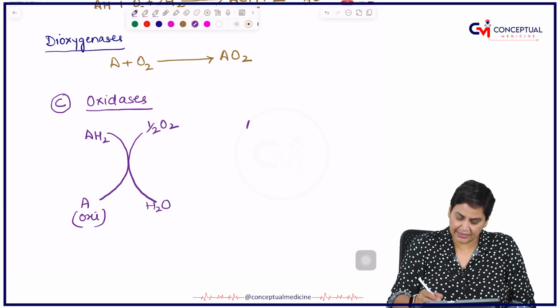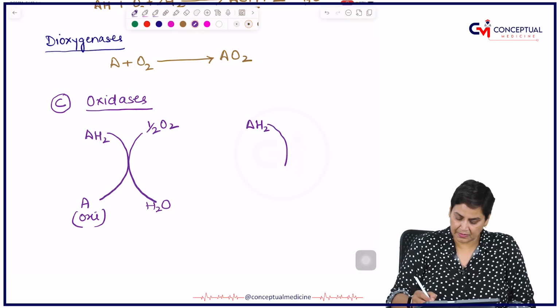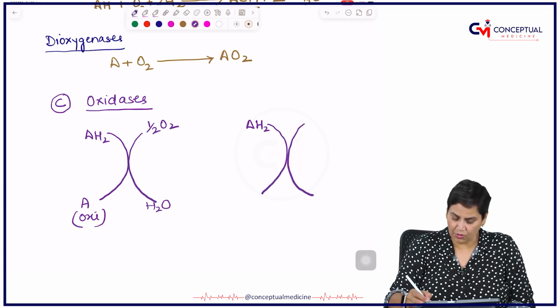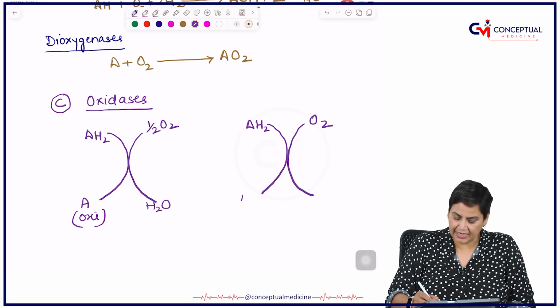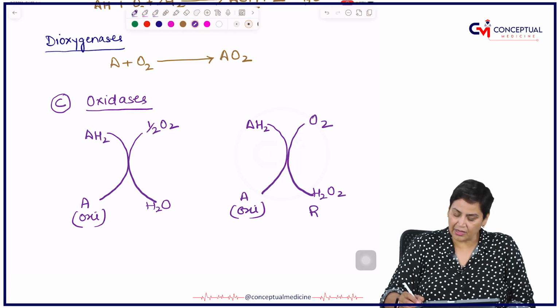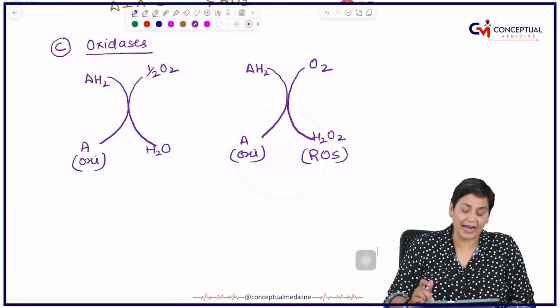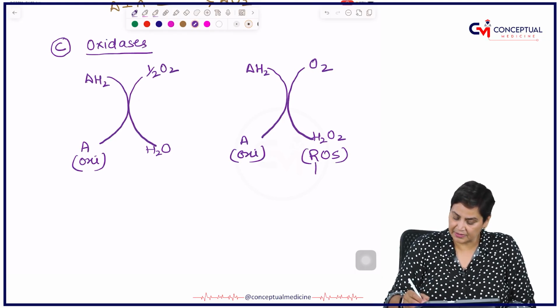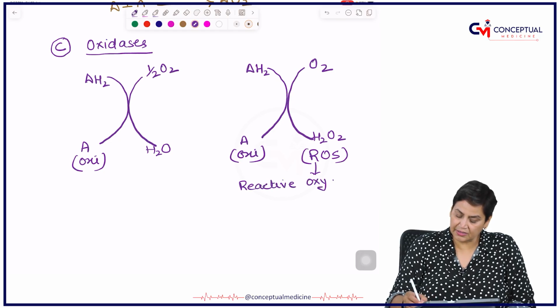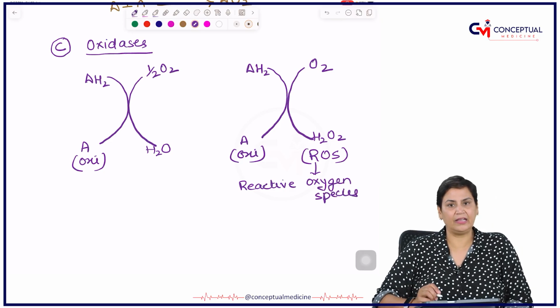And if it is in the presence of oxygen, then again A will be oxidized, but along with A it is going to form H2O2, which is ROS. Very, very important. This ROS stands for reactive oxygen species, which plays a very, very important role in free radicals.